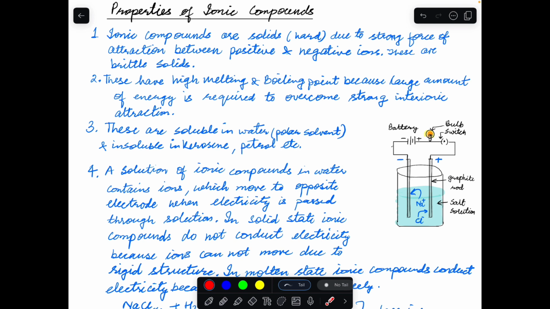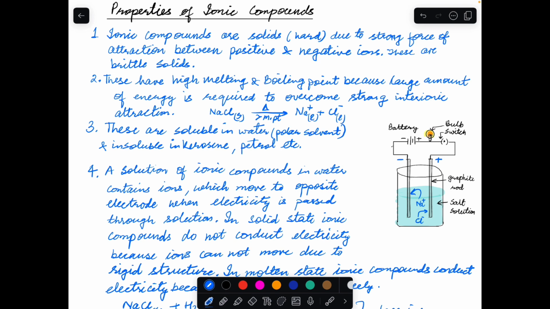Now I want to give you one example. For example, we have sodium chloride, common salt, which is solid. Now I'm heating it at a temperature higher than its melting point. So when I am heating sodium chloride above its melting point, it will convert into liquid, and we will get Na+ ions in the liquid state, and Cl- ions in the liquid state.